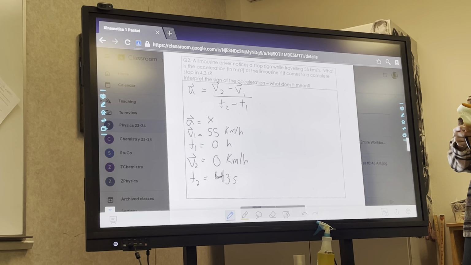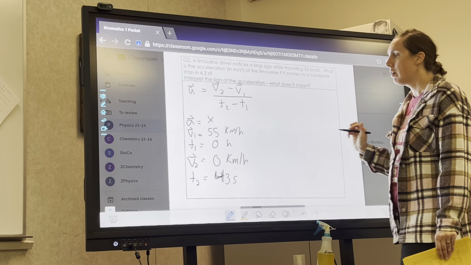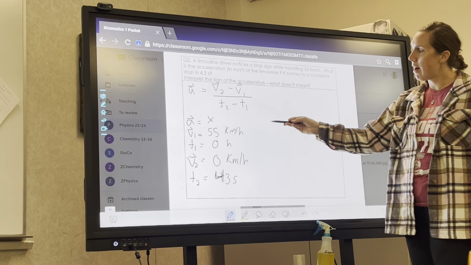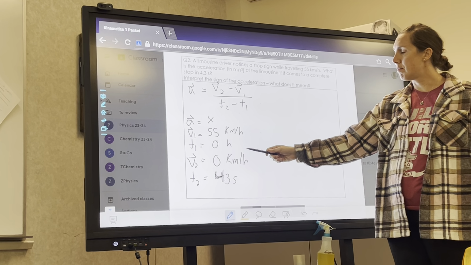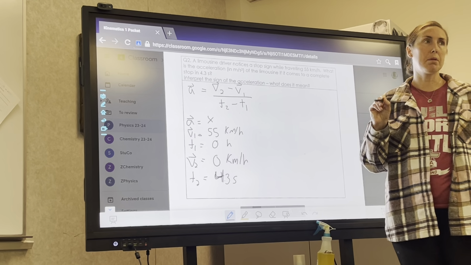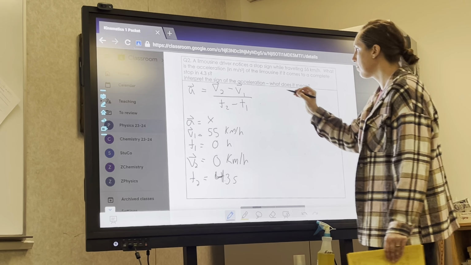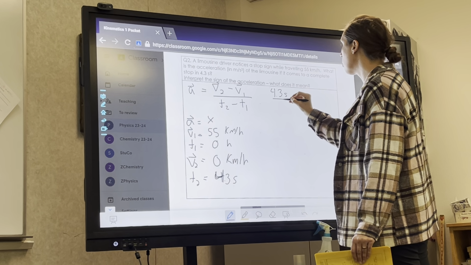So first off, we do have to do a conversion. I'll do one conversion with y'all just so y'all can practice, okay? So I'm just gonna put it up here and we'll box it off. Because we have kilometers per hour, let's convert seconds to hours so we can plug it in. So 4.3 seconds over 1.